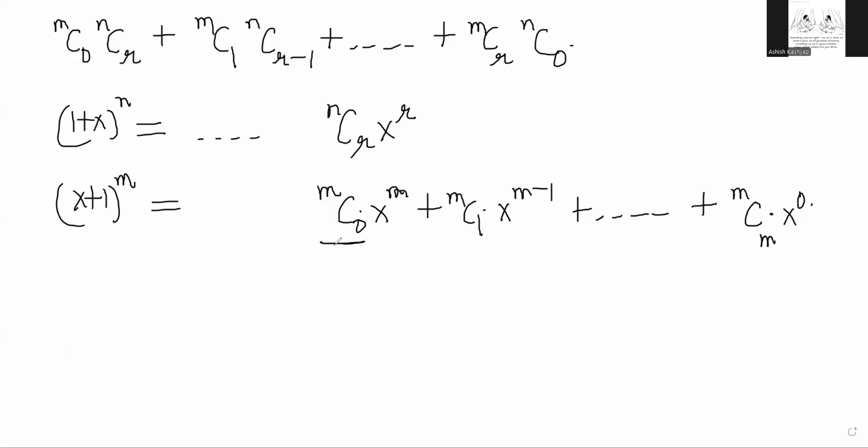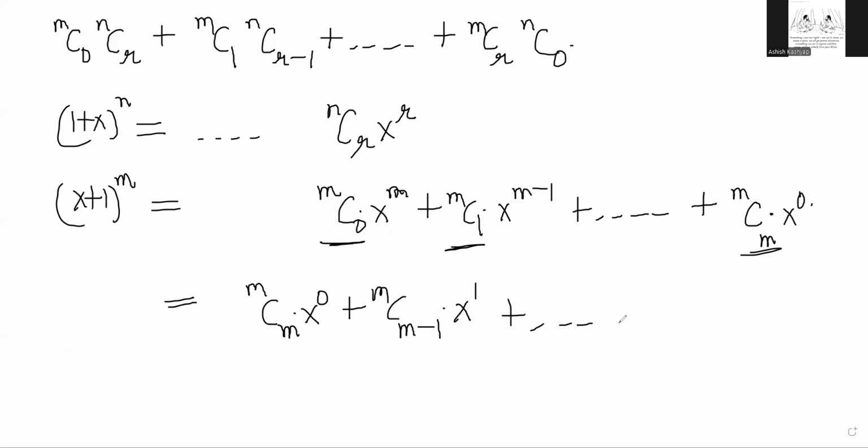So by the way, all of these binomial coefficients can be interchanged. We can rewrite the series in this way also, mCm x power 0 plus mCm minus 1 x power 1 and so on. And mCm can be replaced with mC0 and this can be replaced with mC1 x power 1, mC2 x square and so on.